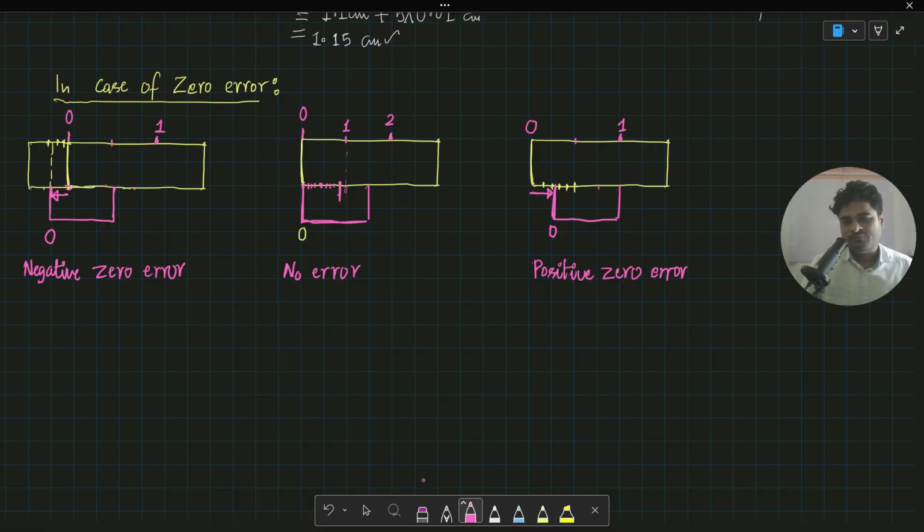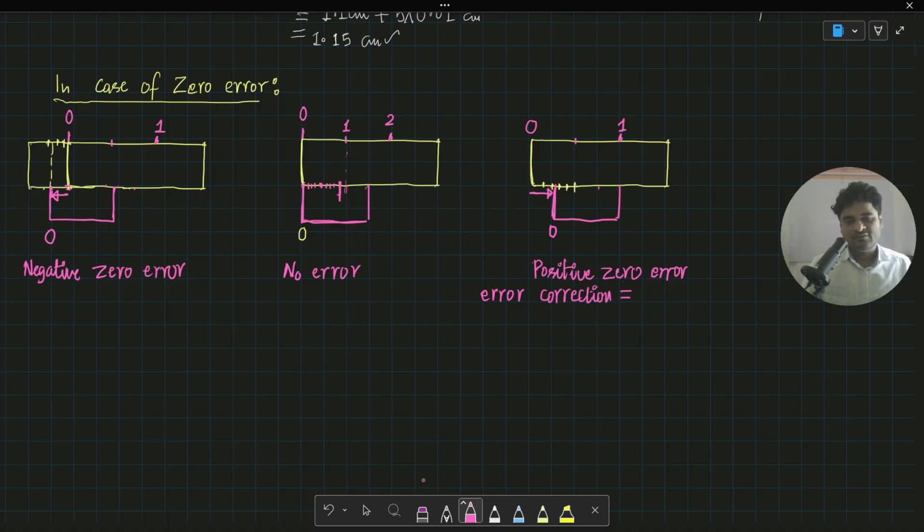First of all, we need to calculate what the error is. Let's say we are saying this is the positive zero error. The first thing we need to know is that in error correction we always subtract the error.